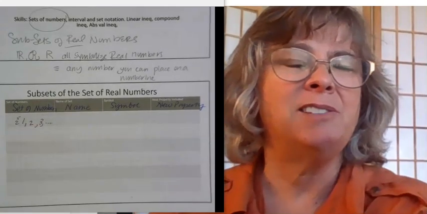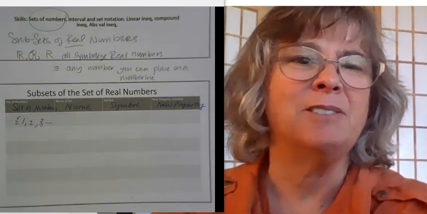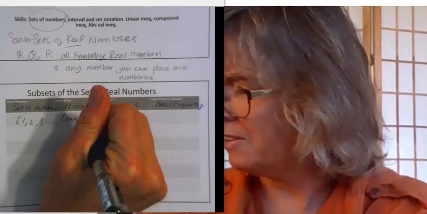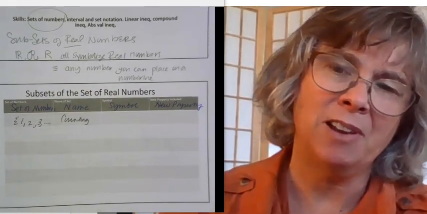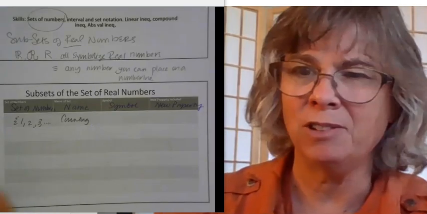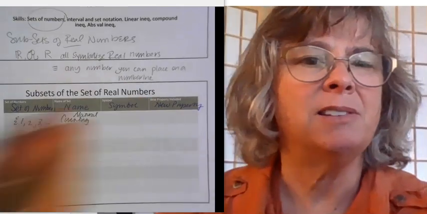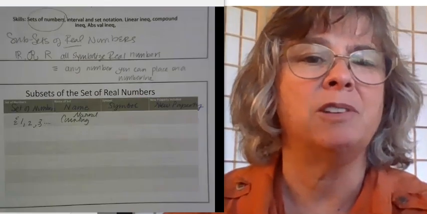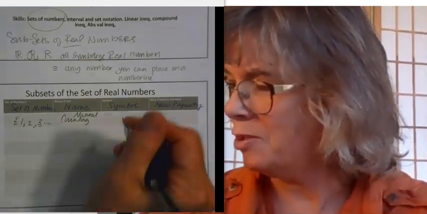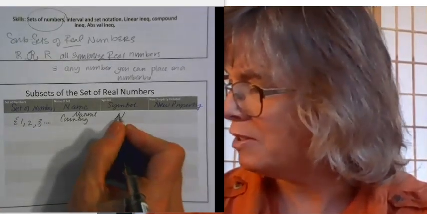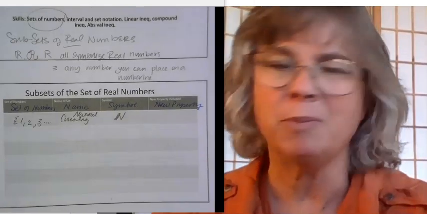This is known as the set of counting numbers. There's another name for the set of counting numbers, and that's the set of natural numbers. That's important to know because the symbol for the natural numbers is an N, a double barred N at that. So on the left-hand side, there would be a double bar over here.